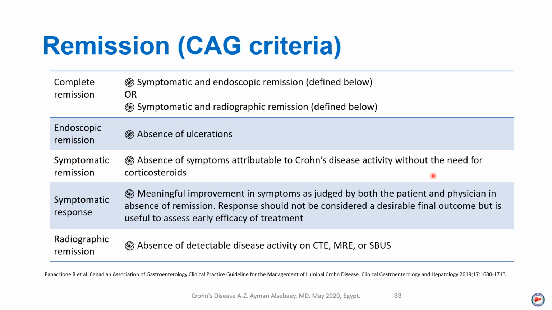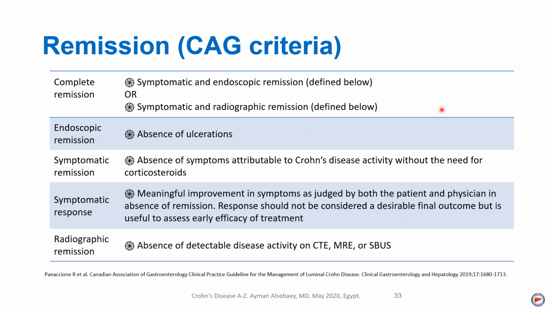Symptomatic remission, all the symptoms related to Crohn's disease have disappeared. Okay? Endoscopically, there are no ulcerations. Okay? If you remember the simple endoscopic score, it will be less than 2. Okay? Or the radiological remission, in which there is absence of detectable disease activity on CT enterography, MRI enterography, or small bowel ultrasonography.